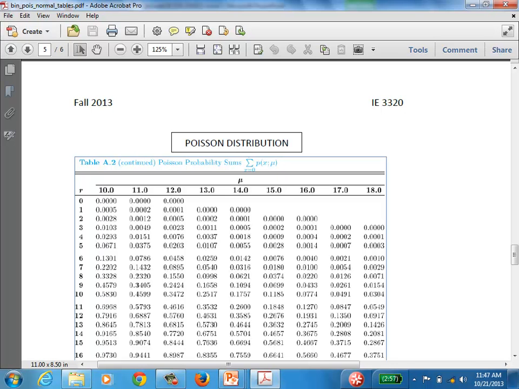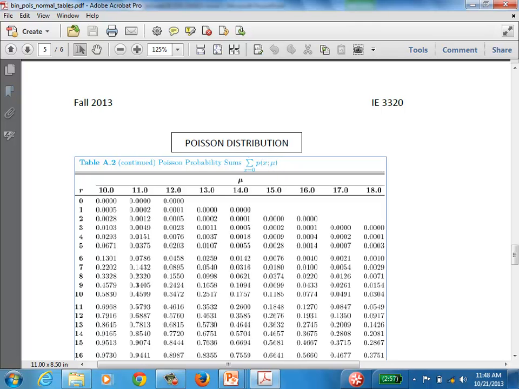The expected value of a Poisson equals lambda. And we know lambda equals 10, right? So we can come here and find mu, which is equal to lambda. Our expected value is lambda, and in our case, that equals 10. Okay? So we're going to use this column. Again, this is page 5.